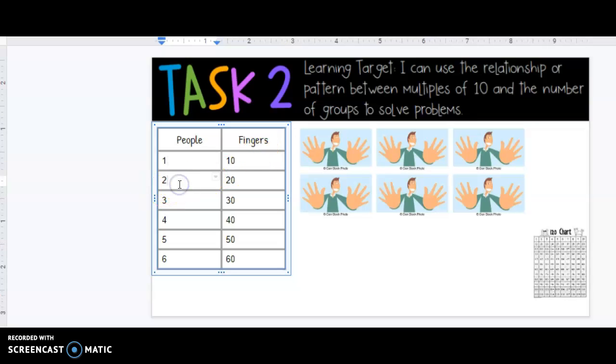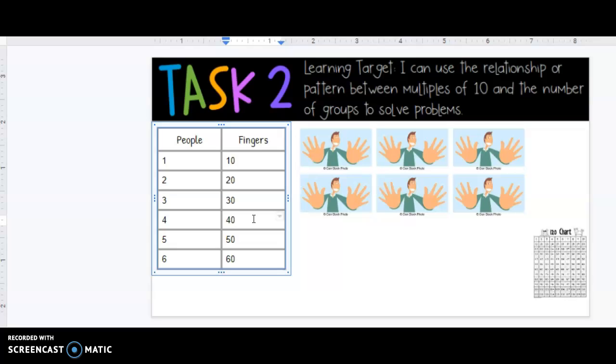If there's 2 groups, 20 fingers. If there's 3 groups, 30 fingers. 4 groups is 40 fingers. So see if you can use that relationship to figure out how many fingers 8 people would have. If you said 80, you are definitely meeting the learning target because you can see that pattern.